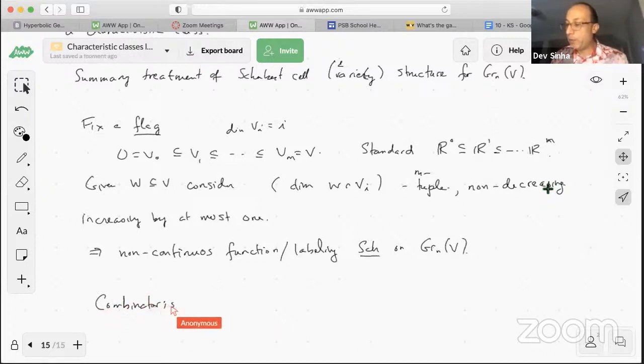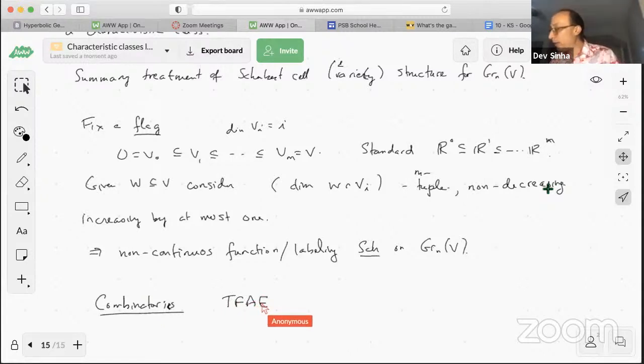Okay, but let's first develop some combinatorics, because we have these non-decreasing, jump by at most one sequences. I claim the following are equivalent, and just about all will be helpful. So first, I do have those dimensions.